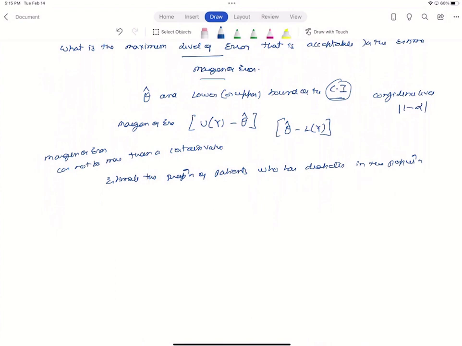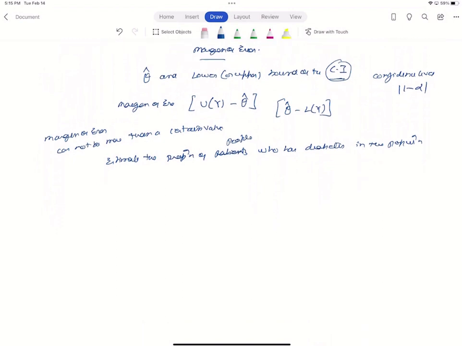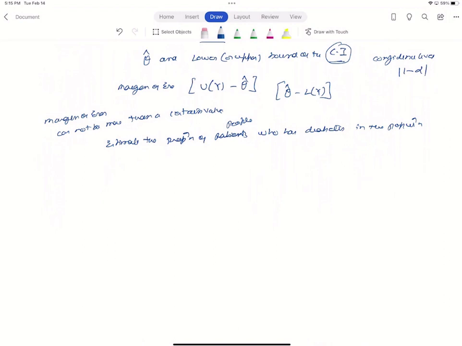We can test all people and check who has diabetes, but that's going to be very expensive to do. So what we do is we take a sample from this population and test how many have diabetes. If the population has N, we want to take a small n, but how do we know how much of an n we should take?